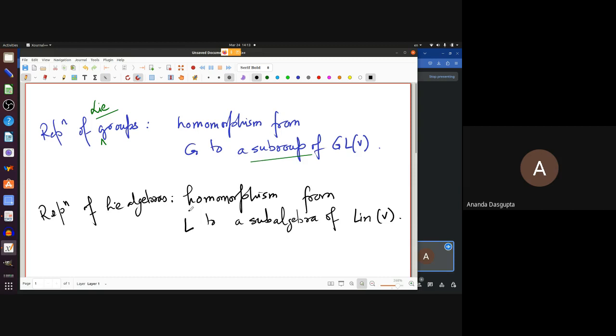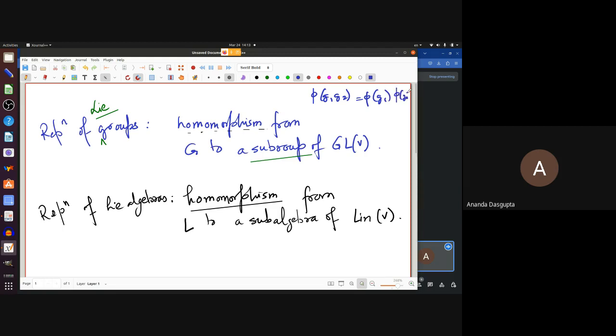Now, one thing which is important is that this homomorphism and this homomorphism, of course, mean two different things. Homomorphism is basically a map which is going to preserve the structure. In a group, the structure is basically a product. So when you say homomorphism, you always mean in a group, phi of G1 G2 is phi G1 phi G2.